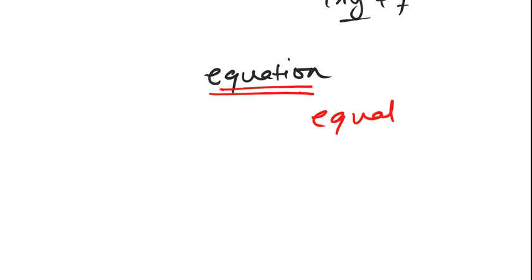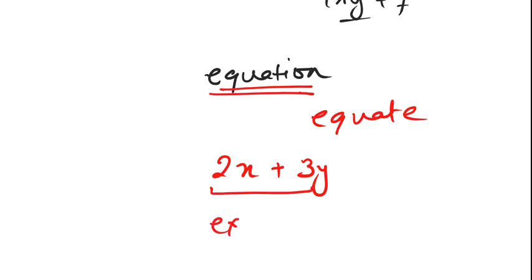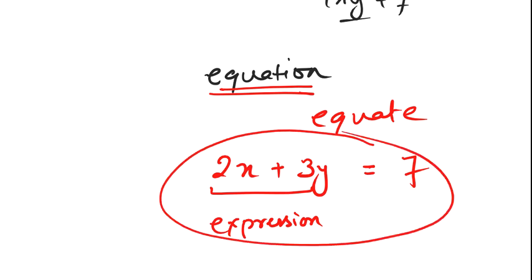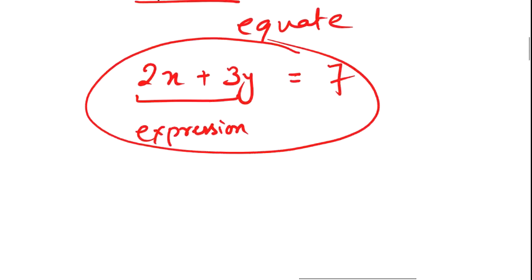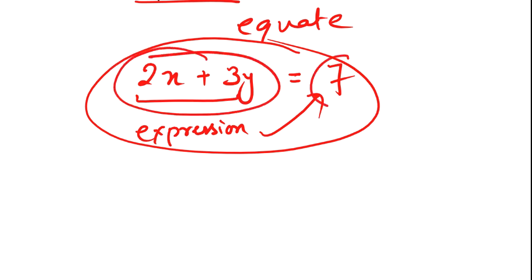Say this is 2x plus 3y, this is an expression, but I want to equate this expression with say 7. Now this expression becomes an equation because I am equating this expression with something. Clear? So this is a linear equation.